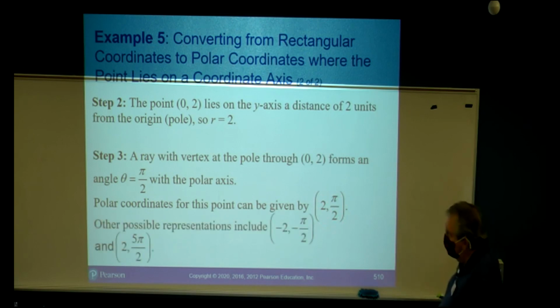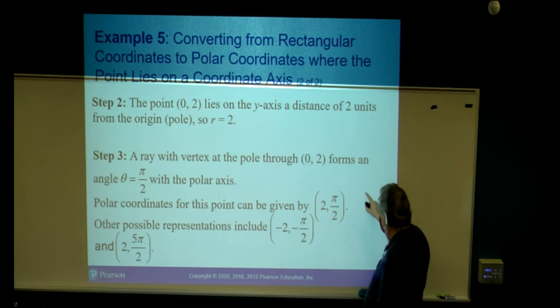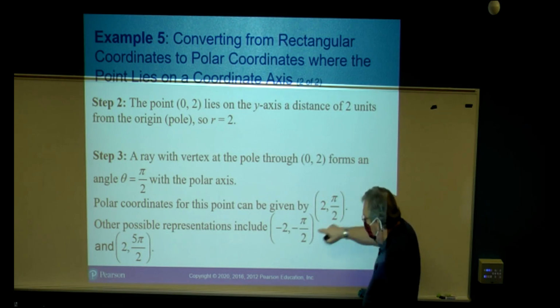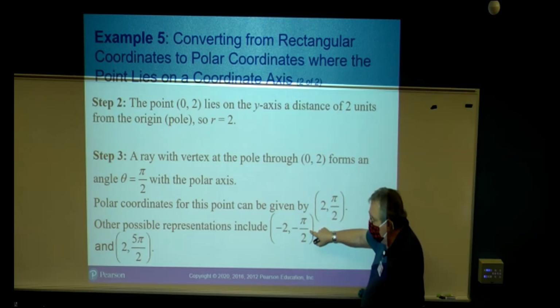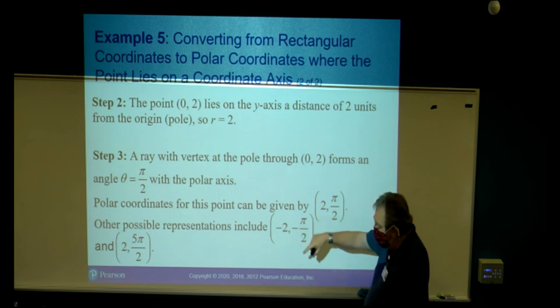Other possible representations. Okay, so you have more than one way of showing it. If I went in the negative direction, and then had my radius go the opposite direction of that ray, then you have -2, -pi over 2. And then I could go around the circle once and come to that angle, and that's 5 pi over 2.